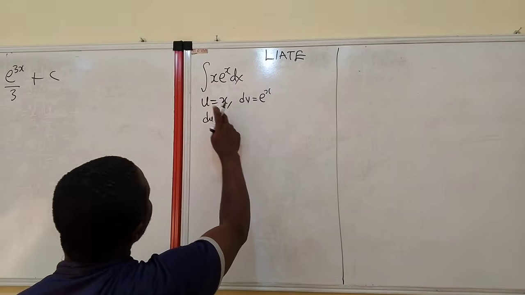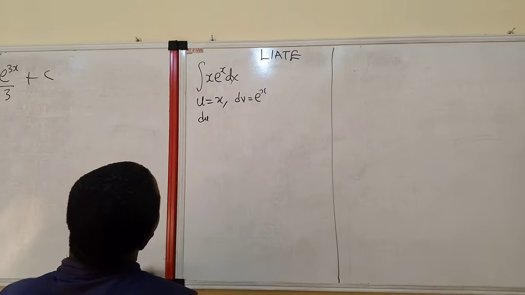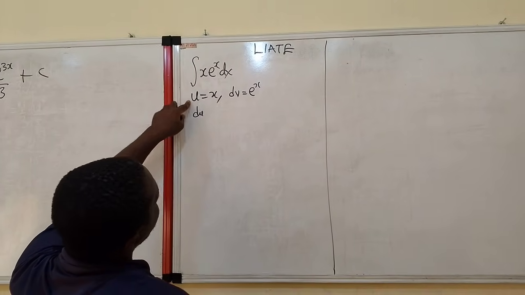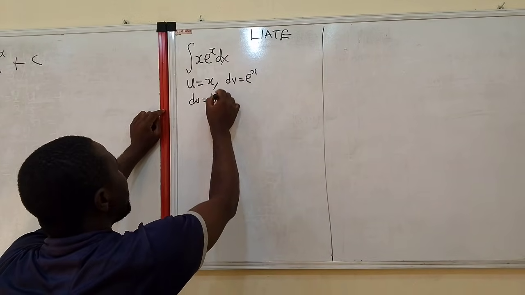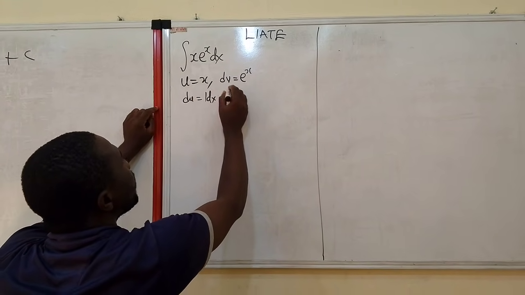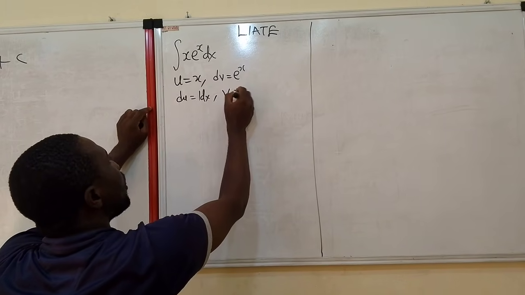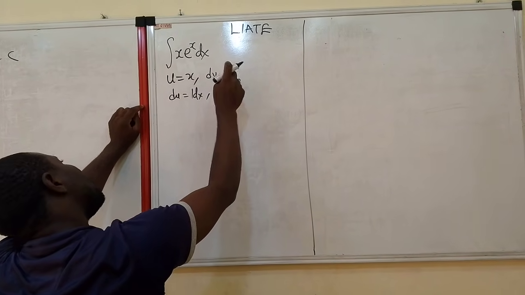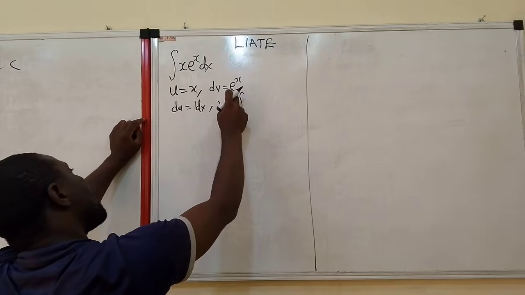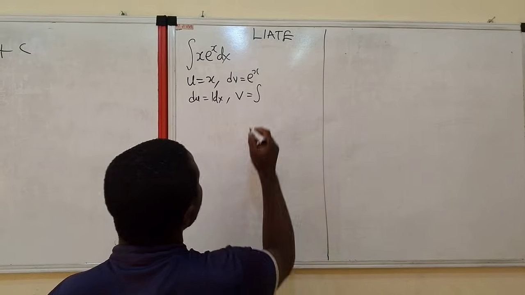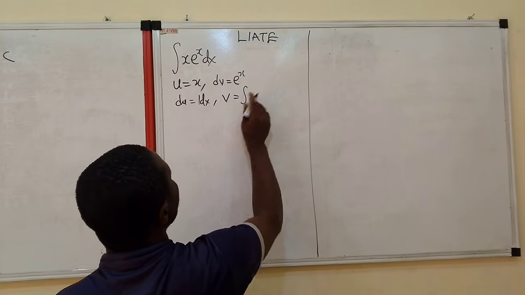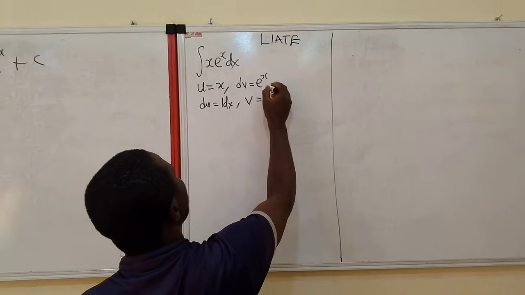If you differentiate u with respect to x, you are going to get 1, that will be 1 dx. Then, to look for v, for us to get v, we have to integrate exponential x. The integral of exponential x gives us exponential x.